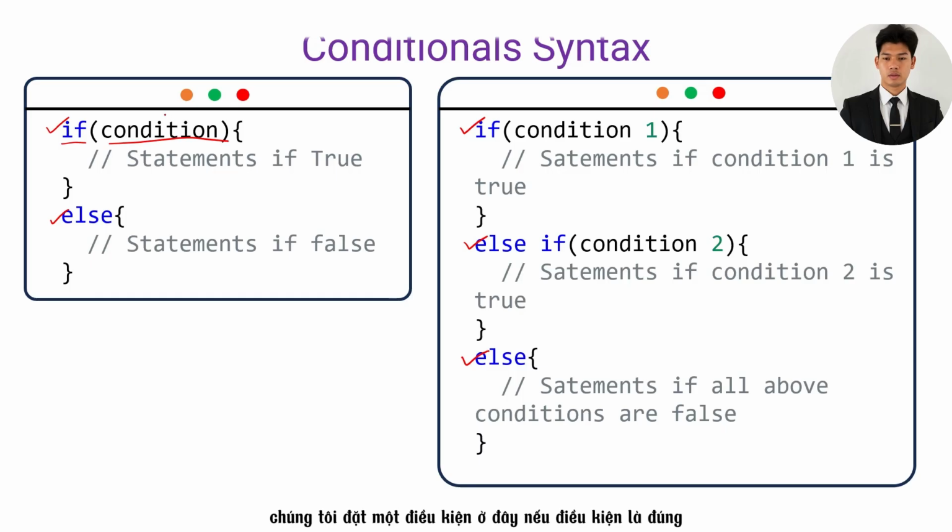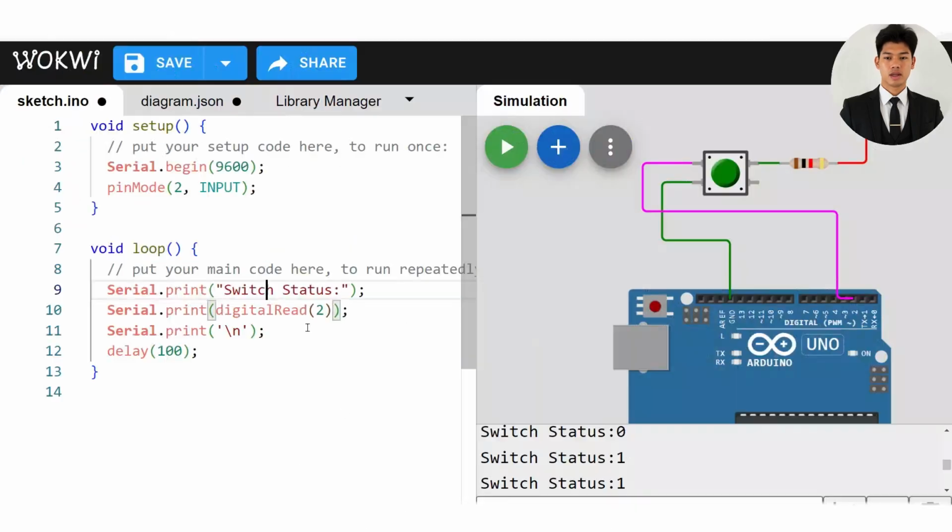If the condition is true, or if the condition value is 1, then it will enter this bracket and execute whatever is written in here. If the condition is not true, or if it is not 1, then it will come to this else bracket statements and execute these ones. So this is pretty simple for now. If and else is enough for the code we're looking for. In the upcoming video, maybe we'll try this structure, and then I will explain it in more detail.